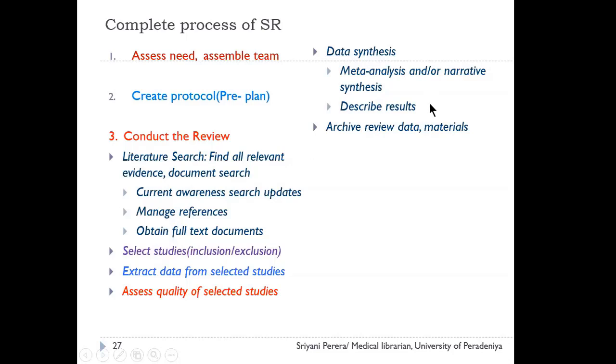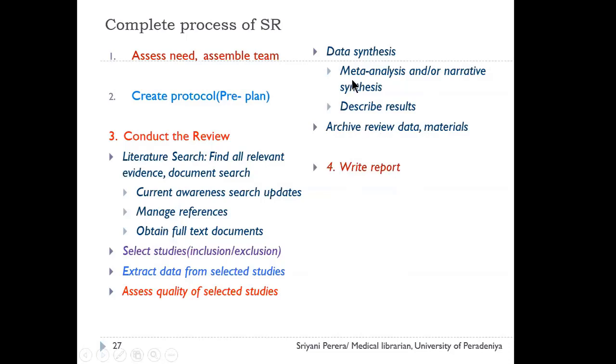And some journal publishers, when you submit your systematic review paper for publication, will ask for supplementary material. In supplementary material, they will ask for some of these data. So you need to have everything documented and archived. That is an important point.